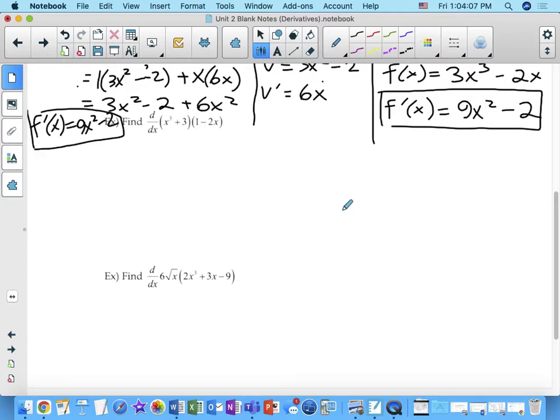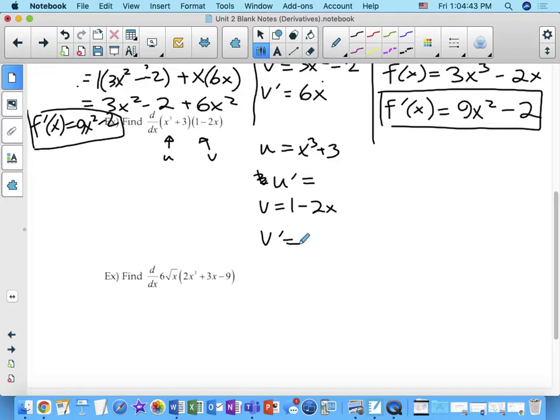So if we're using the product law, you want to call one of them u and one of them v. And again, because you're multiplying, order doesn't matter, so it doesn't really matter which one is which. So if u equals x cubed plus 3, and v equals 1 minus 2x, we also need to come up with u prime and v prime.